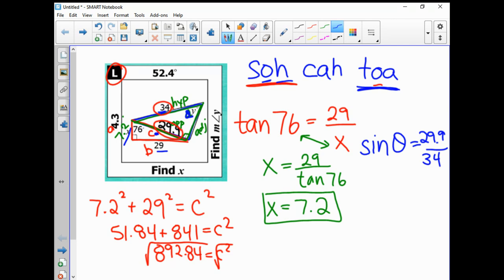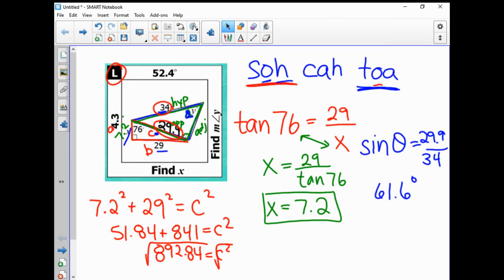If you're trying to find what the angle is, if you know the sine, you're just going to hit the second button and then sine, and then just type that in, 29.9 divided by 34, and I have 61.57, let's round it to 61.6 degree angle right there.